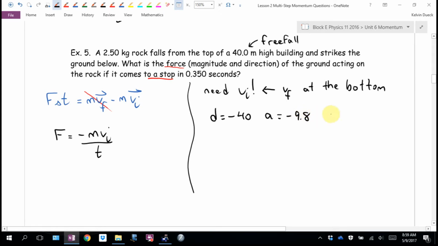Falls from the top. I know V initial, if it just falls off of the building, must have been 0, and I can find V final when it hits the ground. This is good review. We're almost towards the end of the year. This stuff will be on your final exam. I'm looking for an equation that has a D, an A, a VI, and a VF in it. Which one?